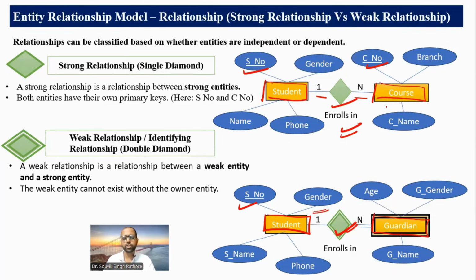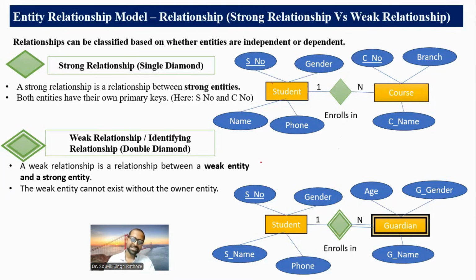Each strong entity type has its own primary key and they can exist independently. But in the weak or identifying relationship, one entity type, that is the weak entity type, depends on another entity type, called the owner or the strong entity type, for its identification and existence in the database model.